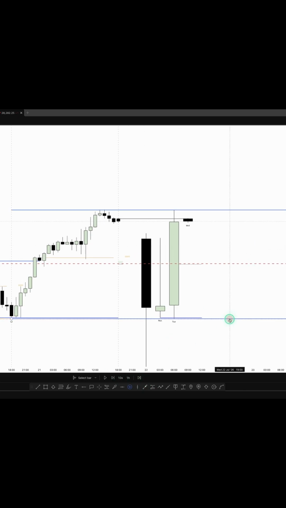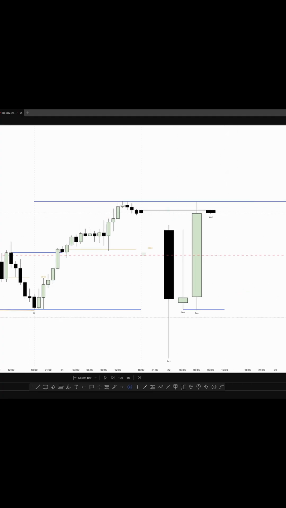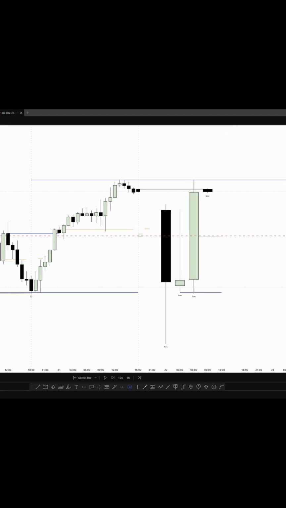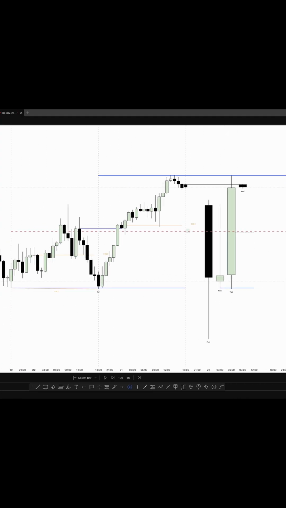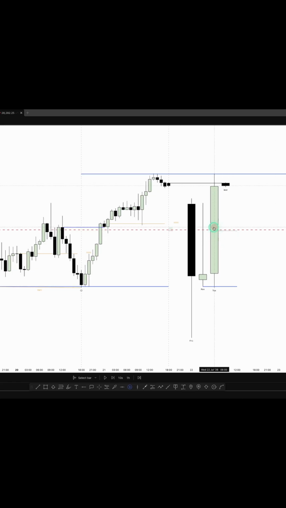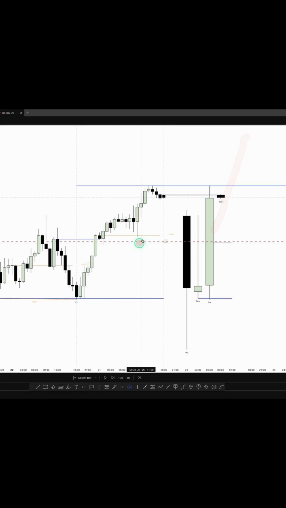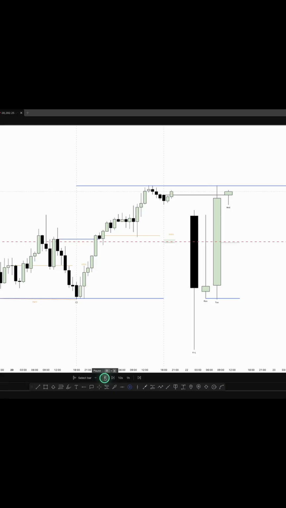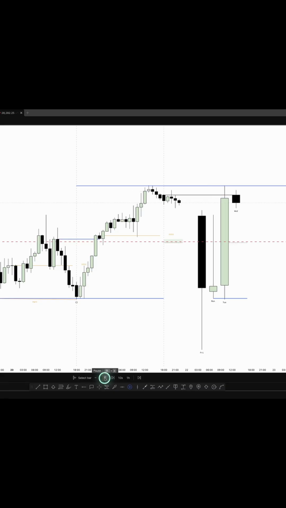So now the indicator marks it for me here, where you have Tuesday sweeping Monday, and now you could potentially have Wednesday going higher. Okay. So let's fast forward to 9 in the morning, and then let's see how it goes from there.